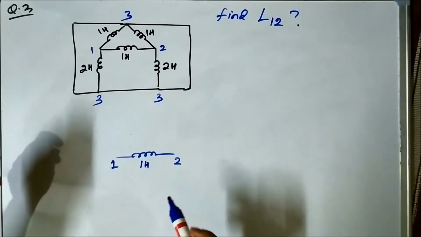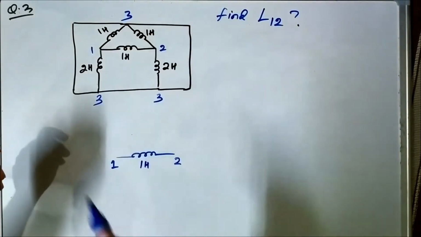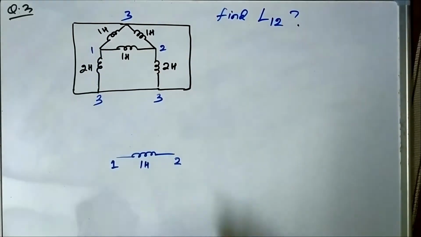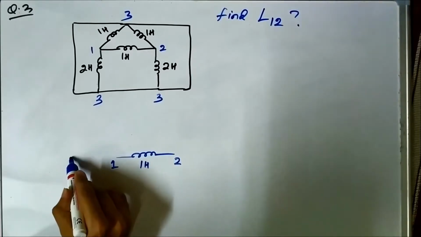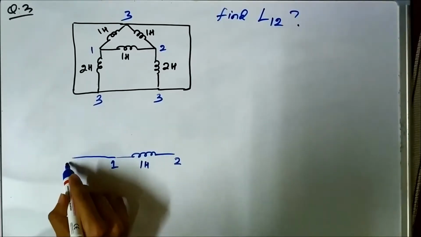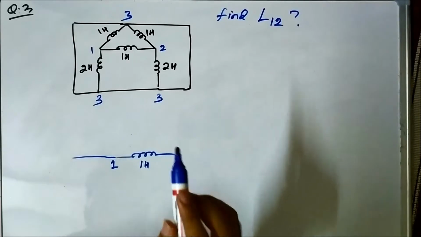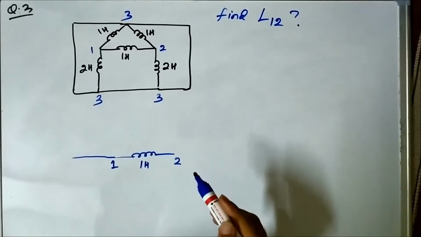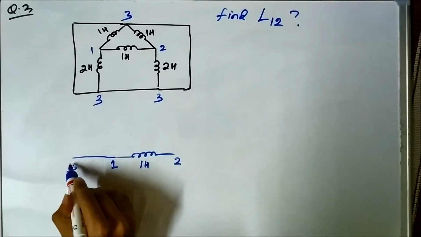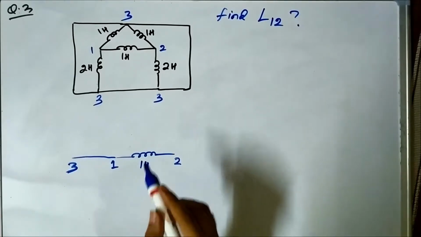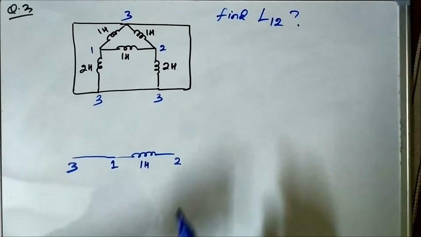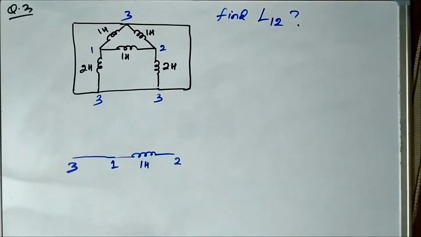Now between 1 and 3, we have 1 Henry and 2 Henry.